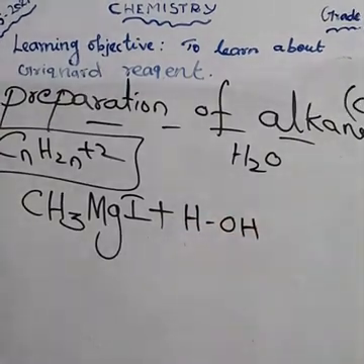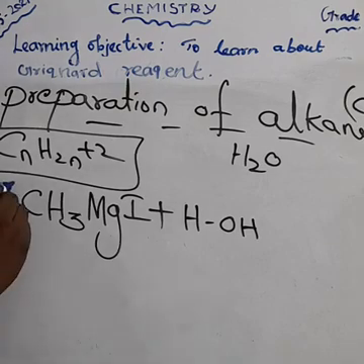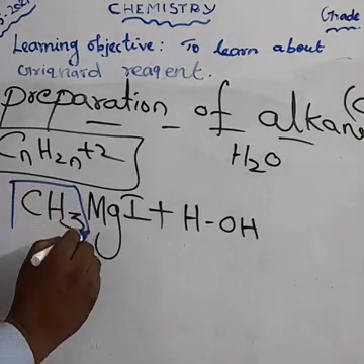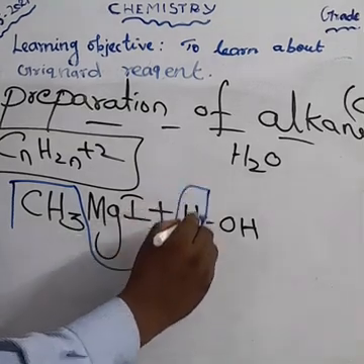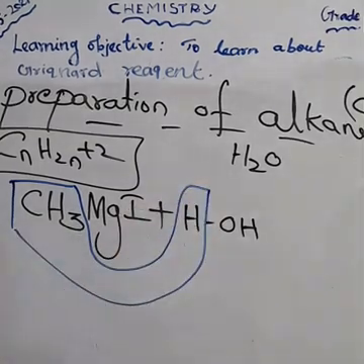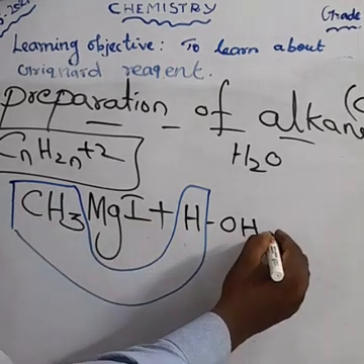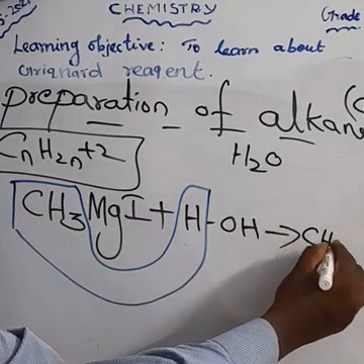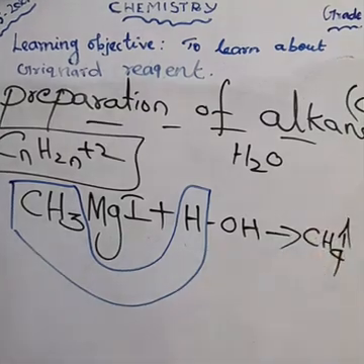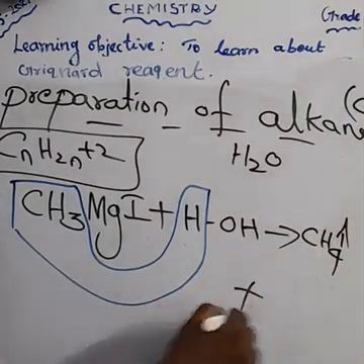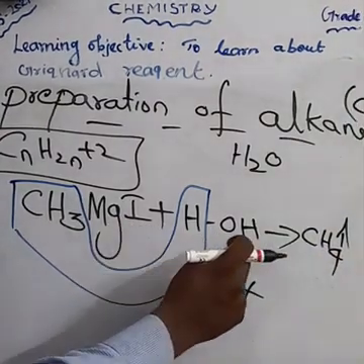So this methyl reacts with H. What's the product? CH3 plus H gives CH4, plus MgIOH.